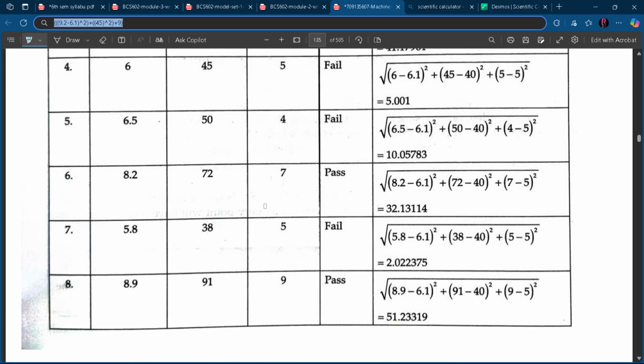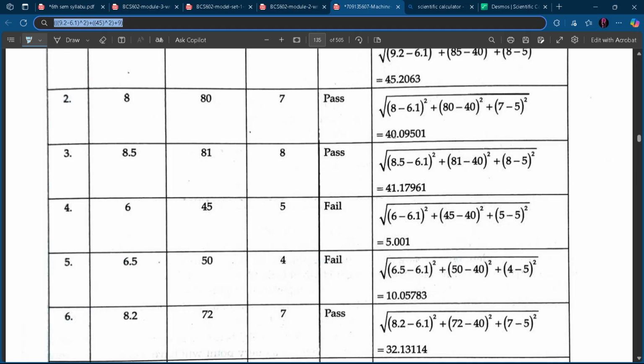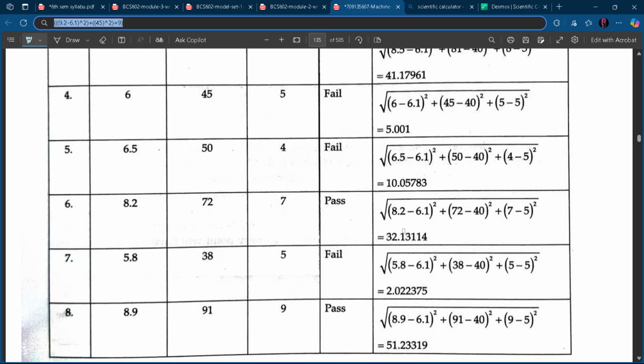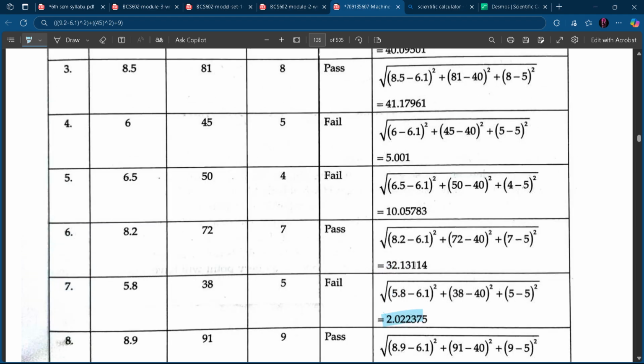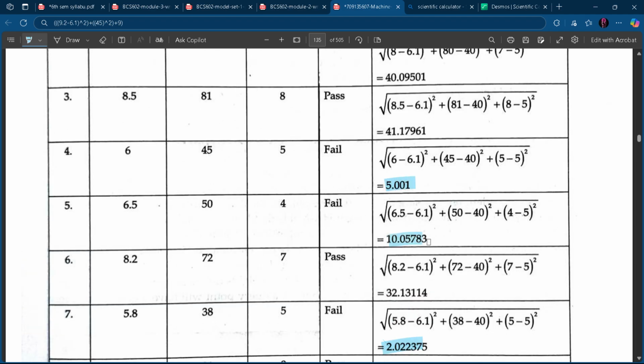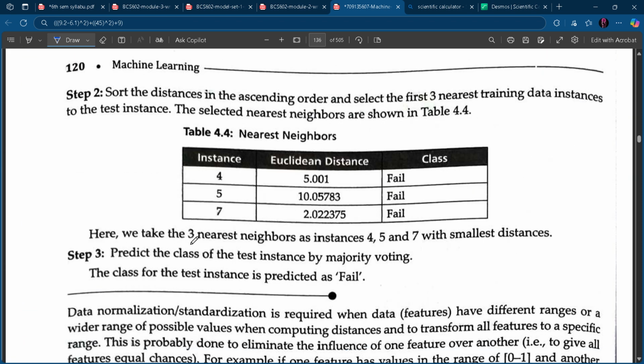Now what you have to do? See the values over here: 45, 40, 41, 5, 10, 32, 2. We have to write them in ascending order, so the smallest comes on top, this will be second, and this will be third. So it will be 4, 5, 7.